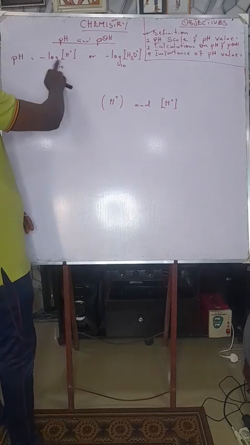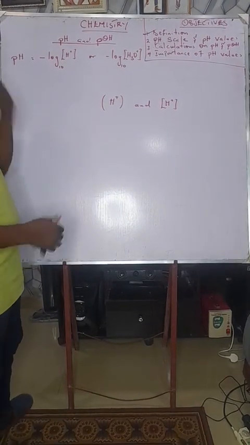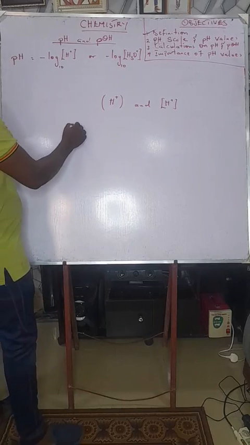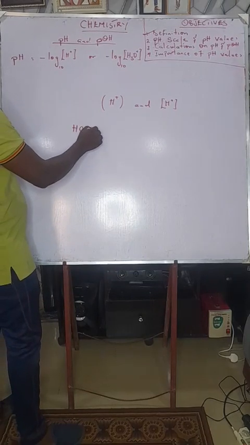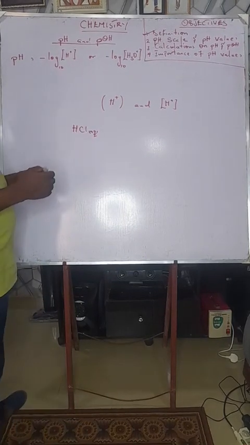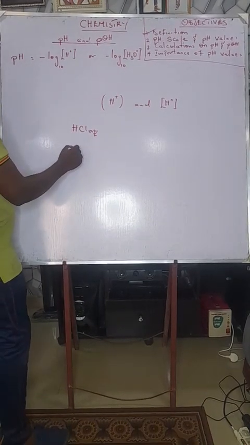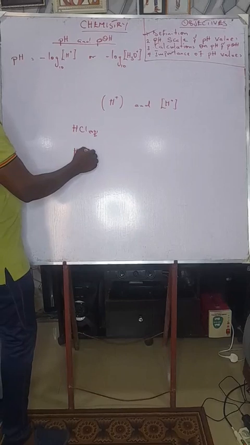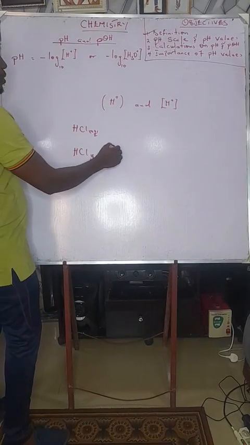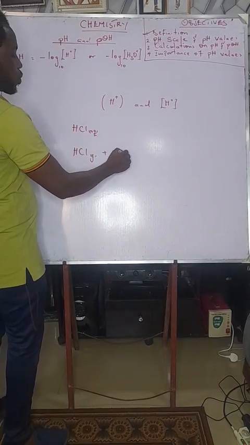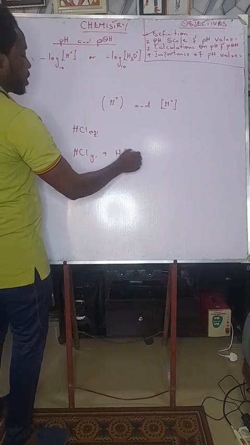I told you the other time that when you ionize an acid, you have HCl, aqueous. Why did I put aqueous? Because I don't want to show this equation. It is the same thing as saying HCl, maybe gas, plus H2O, liquid.